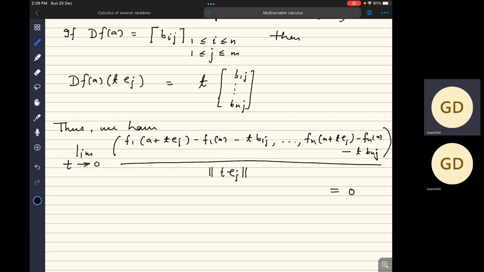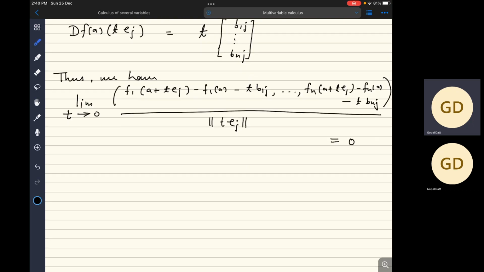Okay, and this is equal to 0. What will we get now?